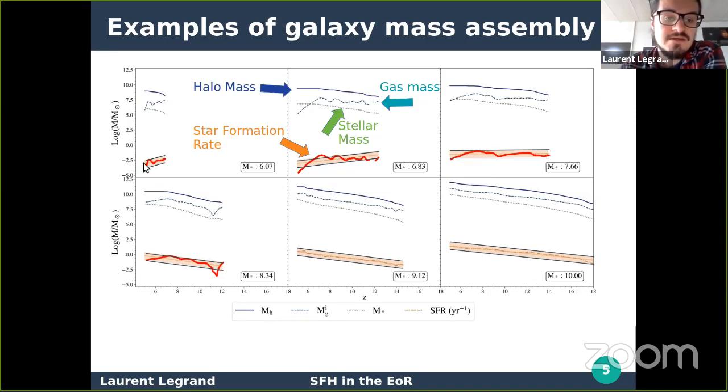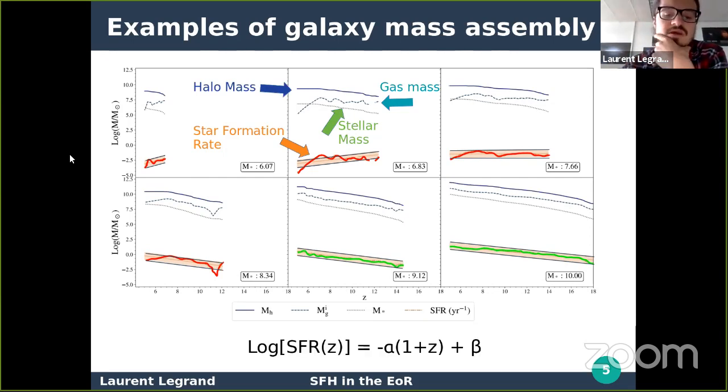And when the star formation history goes out of this region between the two black lines, we assume that the galaxy is stochastic. So for example, here from the beginning, it's stochastic. But when you go to higher stellar mass, the star formation history is more well behaved. So lastly, we choose to model the star formation history as constantly rising.